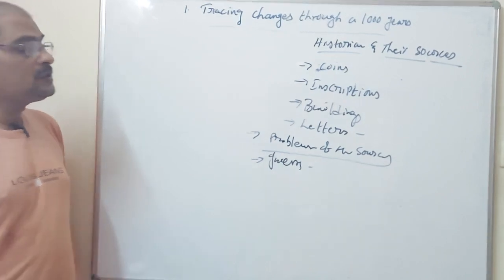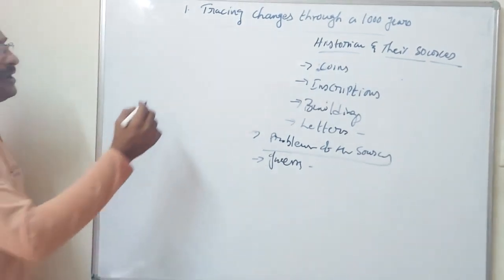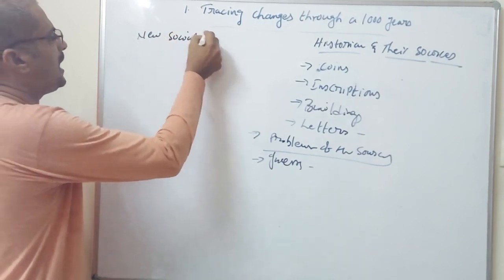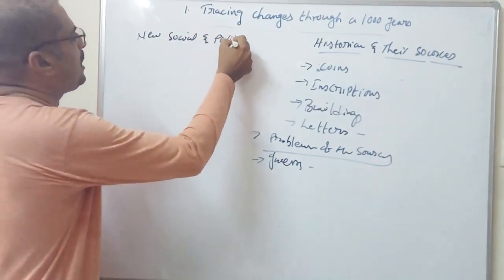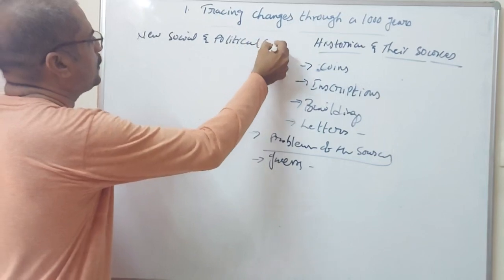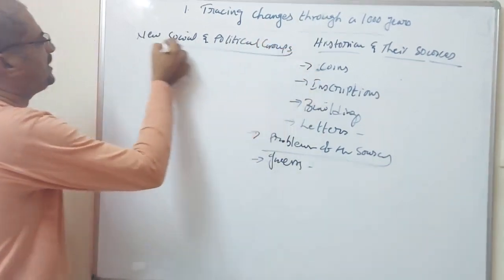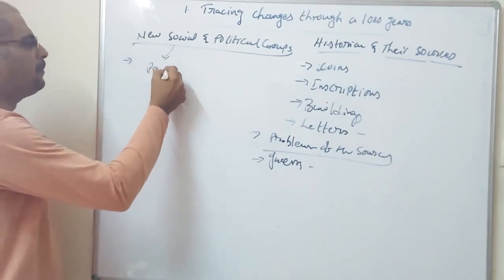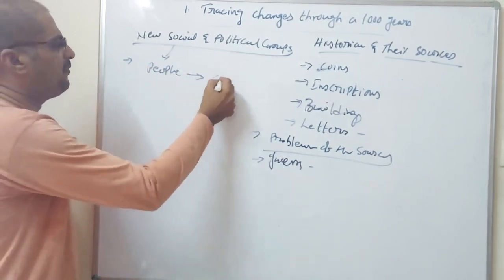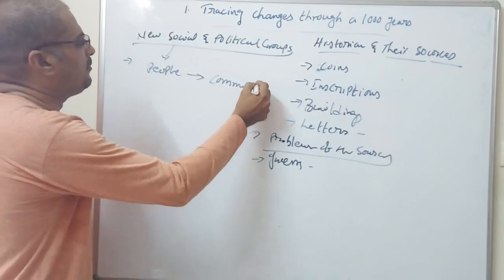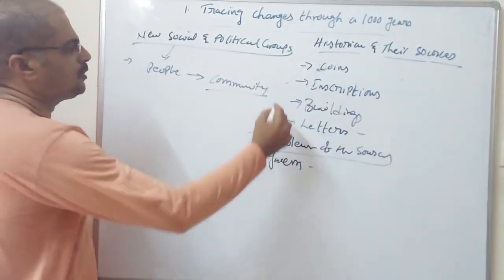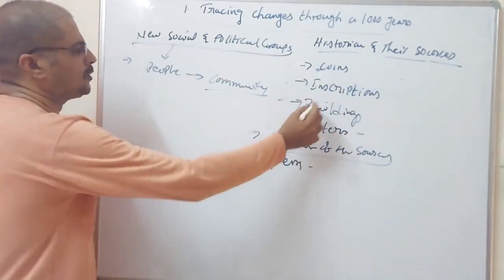Especially new social and political groups were formed. We have to find many social groups. Social means what? Different kinds of communities, groups of people, are seen through the inscriptions, buildings, coins and letters.